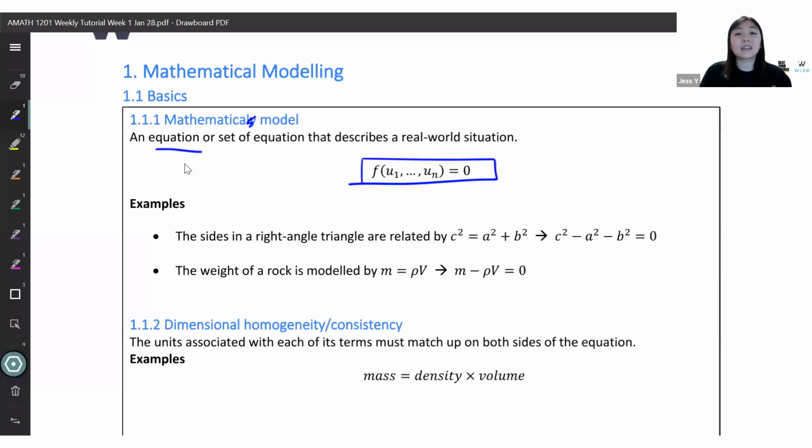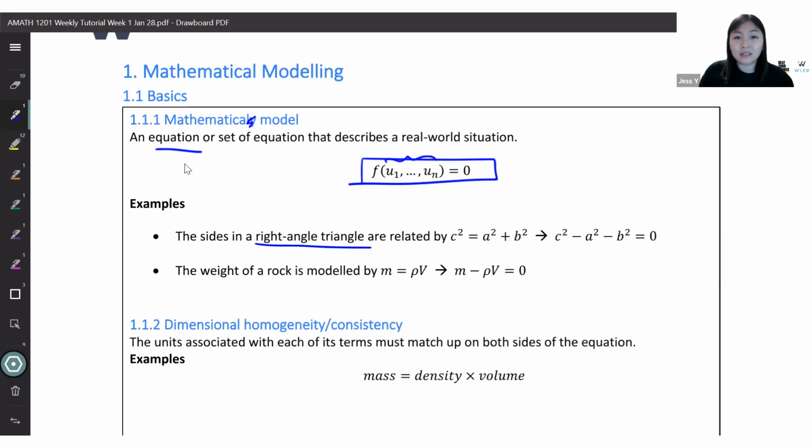All this is saying is that we can come up with rules, equations, to describe real world problems where these rules depend on certain variables. So it can have many, many variables. I'm going to give you some examples that most of you are already familiar with. You know your favorite Pythagorean theorem? That describes the relationship between the sides of right angle triangles, right?